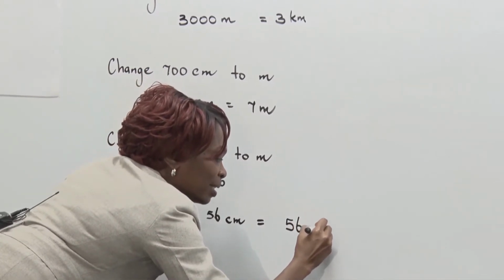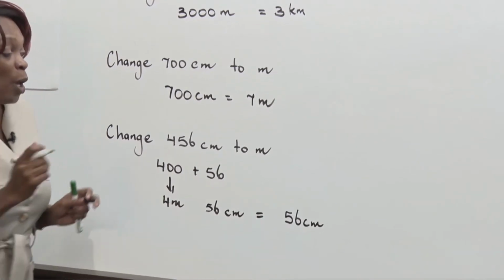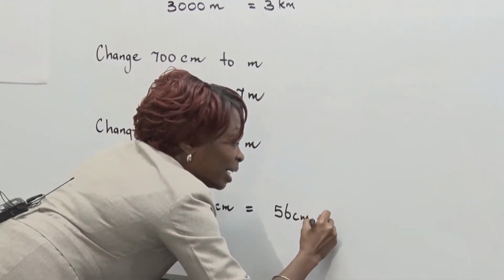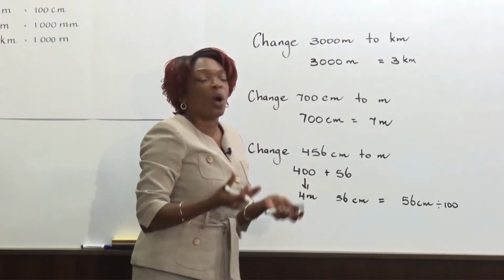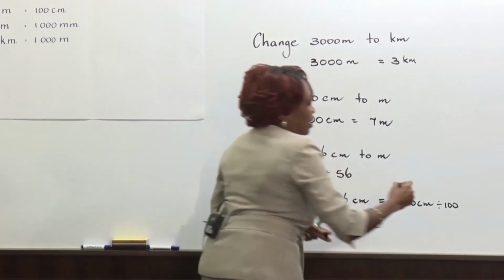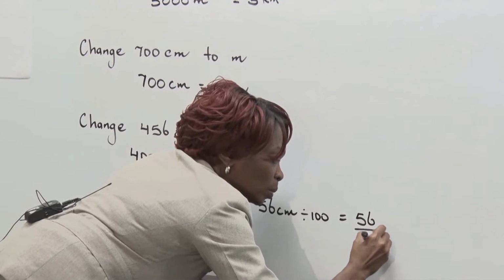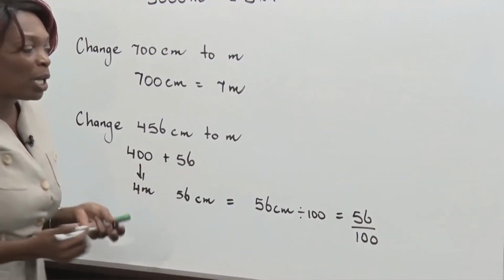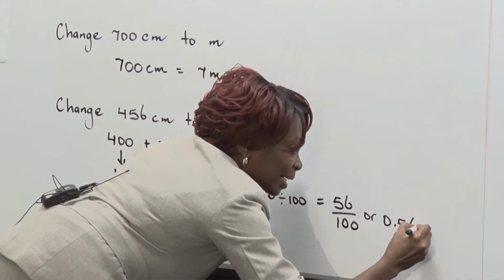56 centimeters is less than 100. So we can say 56 divided by 100 because there are 100 centimeters in 1 meter. So you can get one of 2 things. You can get 56 over 100, or you can change it to a decimal where you will get 0.56.